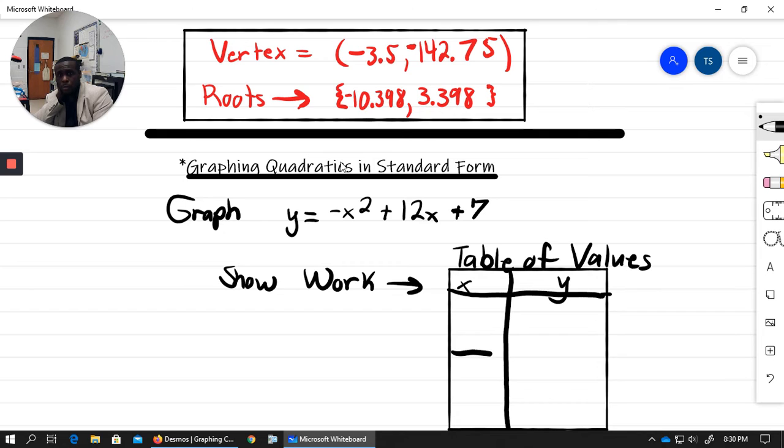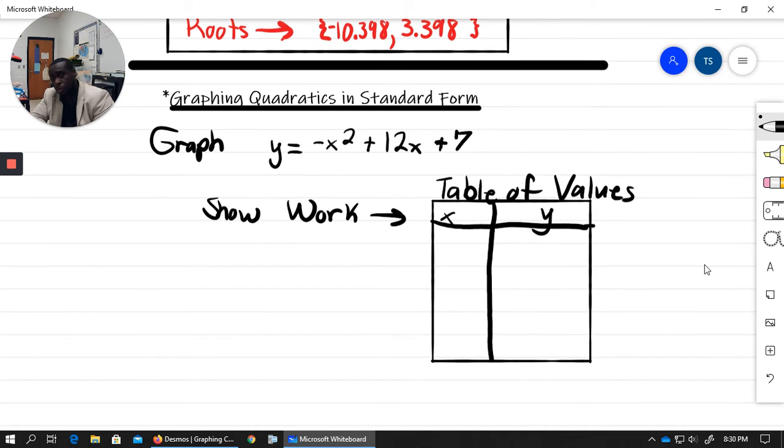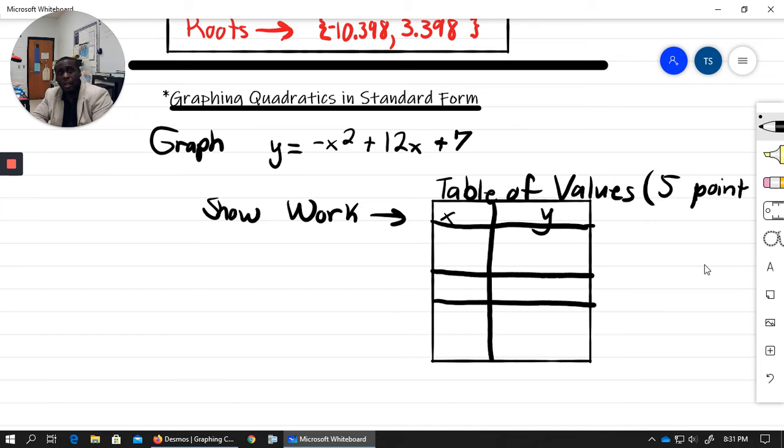And I'm going to need for you to put the vertex in the middle. Let the vertex be that point that is in the middle. When you show your work for this, put the vertex in the middle.